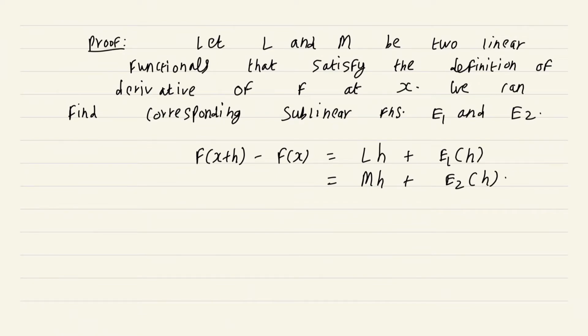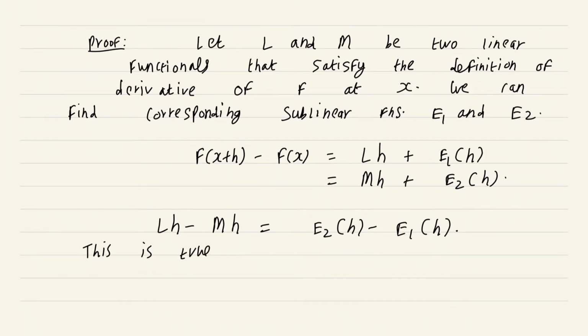Okay, this just means that Lh minus Mh is equal to E2h minus E1h. Rather straightforward algebra. Now this is true for h close to 0, right? Why close to 0? Because we want x plus h to be in U, right?